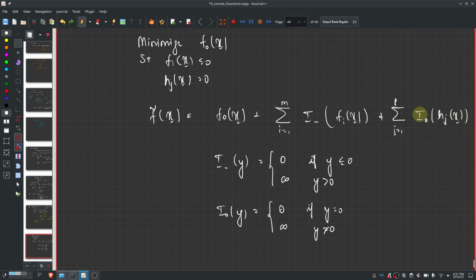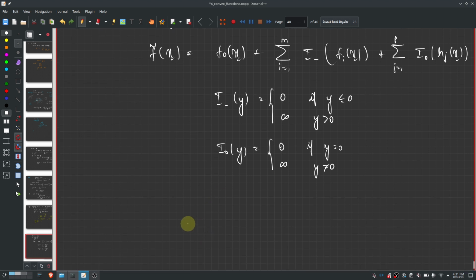And if any of them are not satisfied, then the corresponding either I minus or I0 will be plus infinity. Right? But if all of the constraints are satisfied, you pick any particular x that satisfies the constraints, then what are these terms going to all be equal to? This is equal to 0.